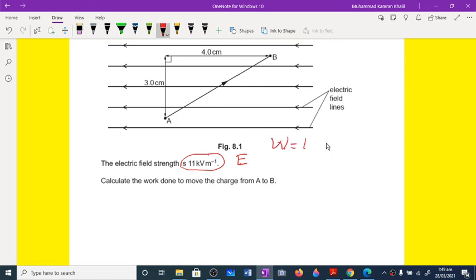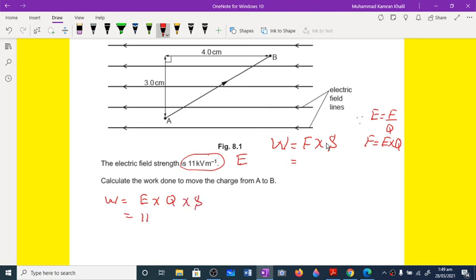Work done is equal to force into distance. Now the force is not given directly, so we know that E equals F by Q, and F is equal to E into Q. Q we have already calculated in the upper part. So W is equal to E into Q into s.